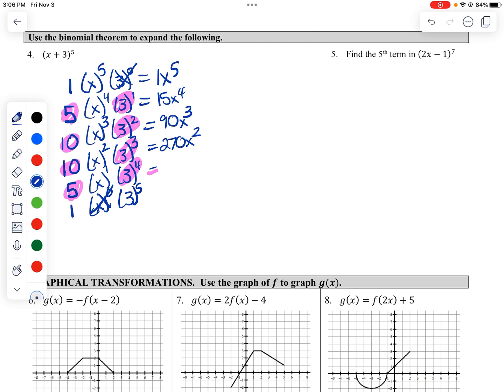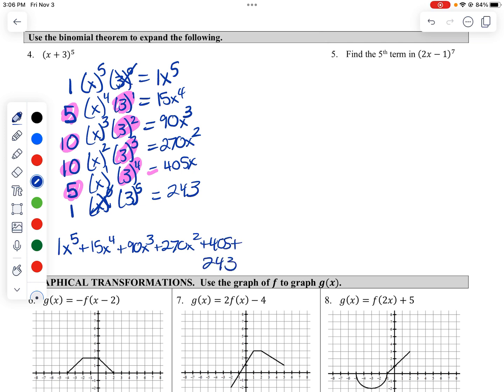So 5 times 81 is 405x. And then our last one is just 3 to the 5th, which is 243. So our final answer: 1x to the 5th, 15x to the 4th, 90x cubed, 270x squared, plus 405x, plus 243.